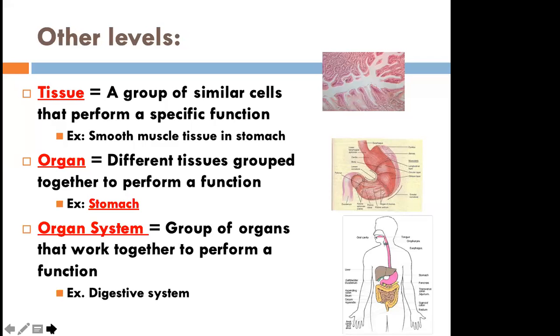Okay? So then, after the organ system level, at the organism level, all of your organ systems work together to keep you healthy and alive. Does that make sense? Any questions on this?